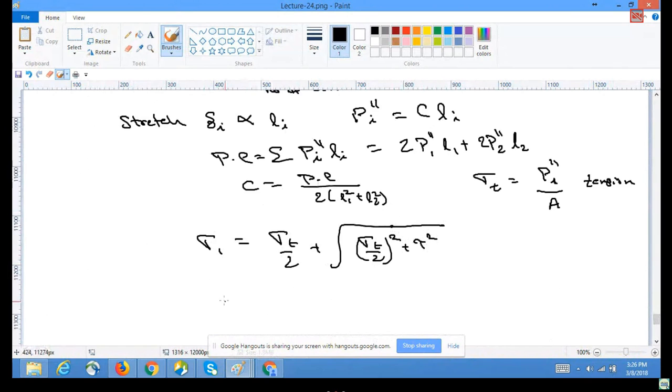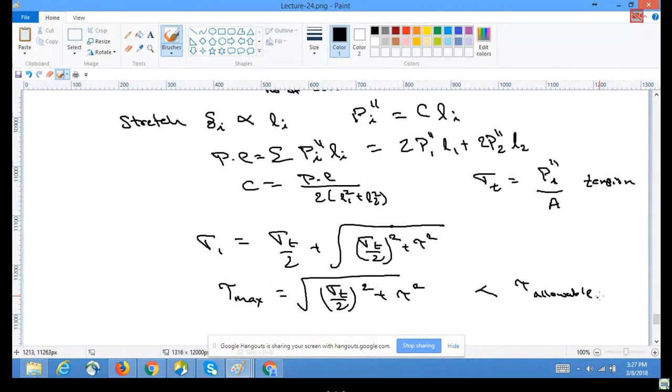And our maximum shear stress is given as the radius of the Mohr circle, which is the square root of (sigma T by 2) whole square plus tau square. And this maximum shear has to be less than tau allowable. If we just use this, then we can design a structure with an eccentric load.